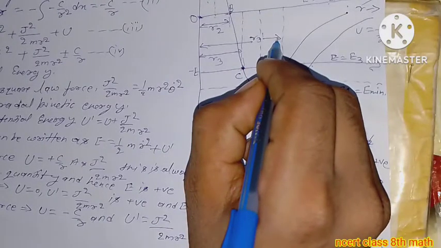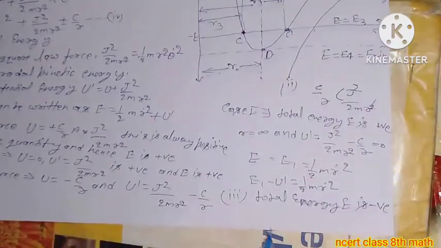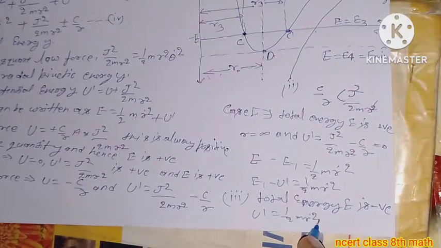Thus there are two turning points at this point. U dash equals 1 upon 2m differentiate of r square.